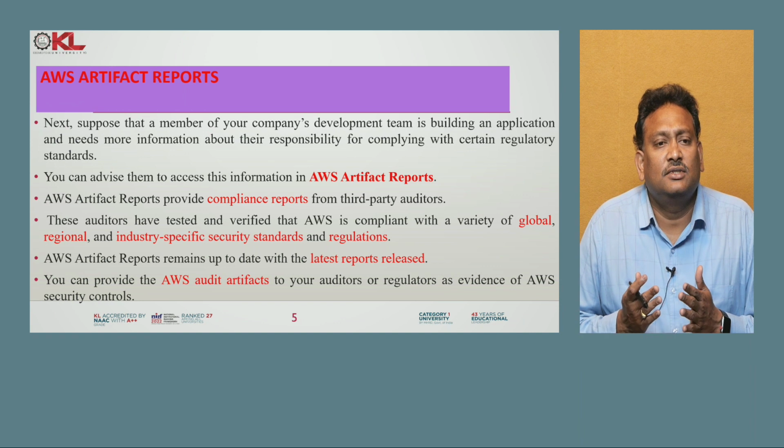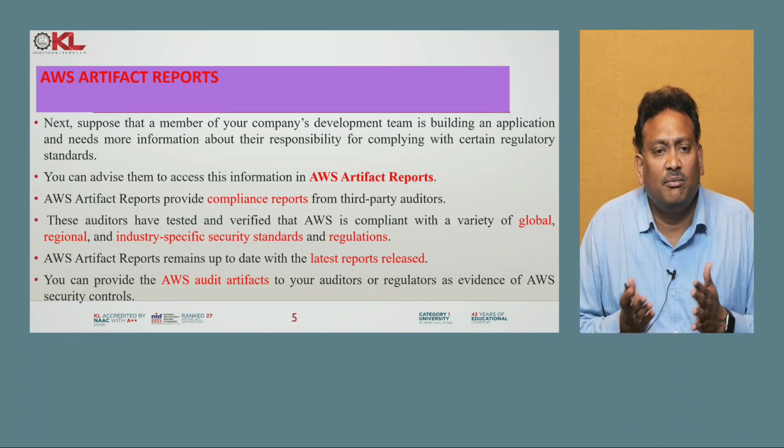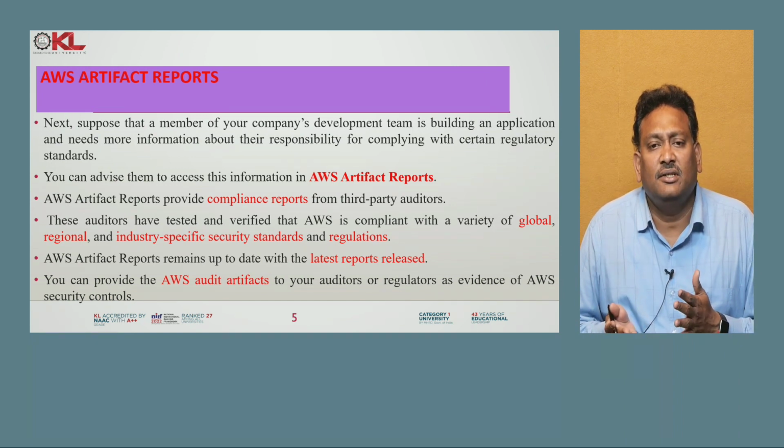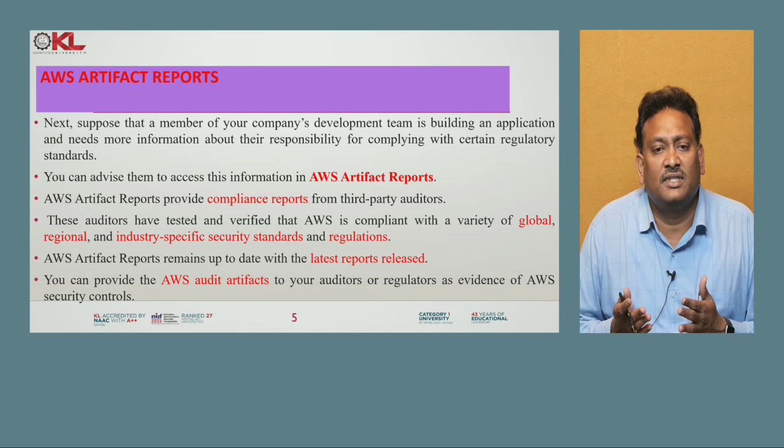Another example: suppose a member of your company's development team is building an application and needs more information about the responsibility for complying with certain regulatory standards. You can advise them to access this information in AWS Artifact Reports.